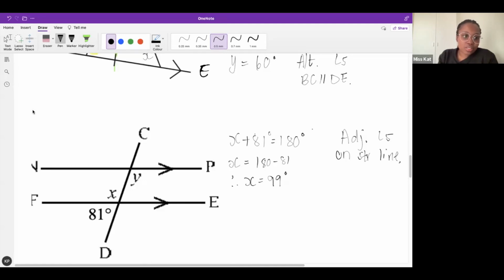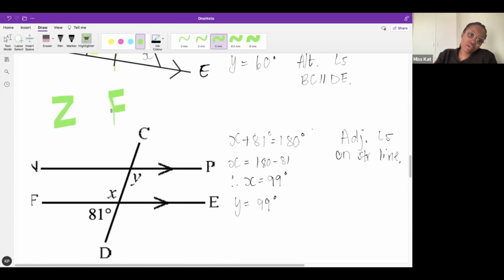And what's the reason? Co-interior angles. No, look carefully. They're on opposite sides. Out of the two we did, alternate and corresponding. Remember, alternate is the Z and corresponding is the F.